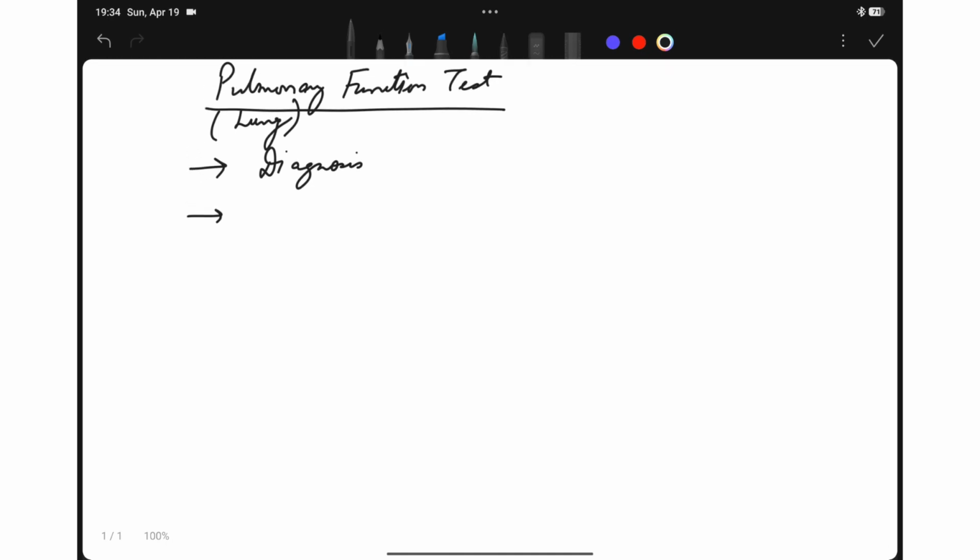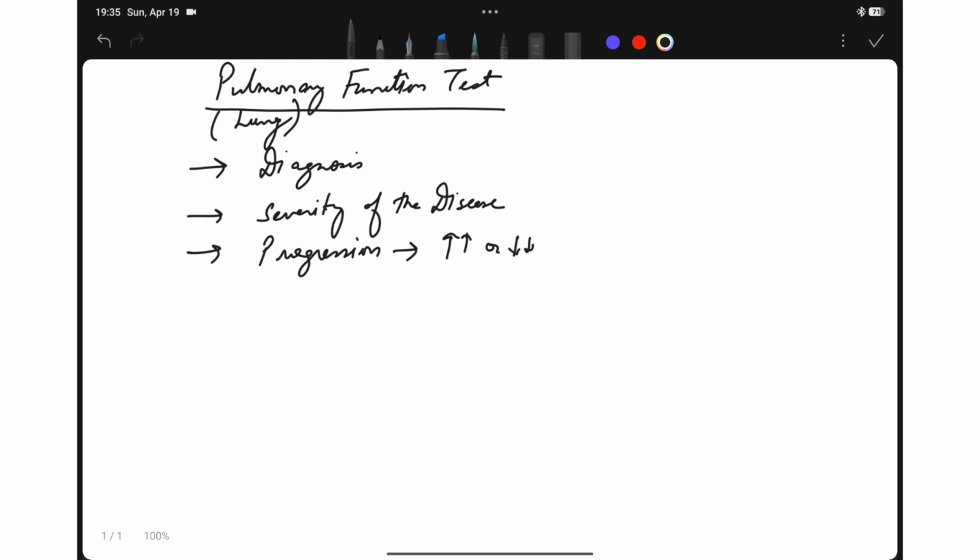Secondly, it helps to know the severity of the disease. And third, it helps to know the progression, whether our condition is improving or deteriorating with treatment. So basically, it covers all these three things.